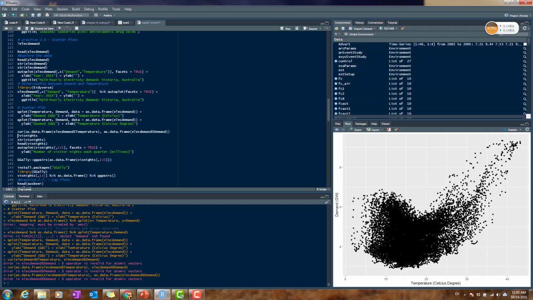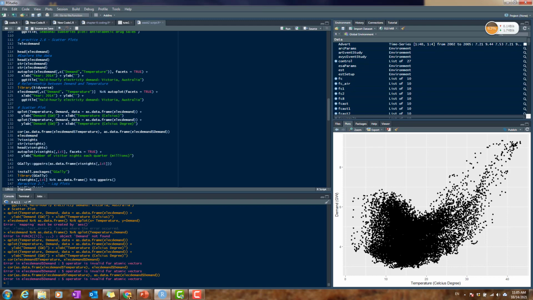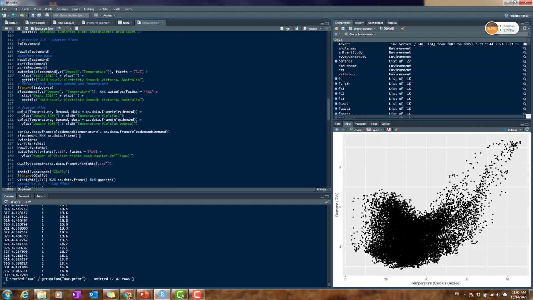No, it looks like we're not going this way, and I will have to first take electricity demand and put them into a data frame. Okay, and now I'm going to check it with the cor function. Now let's see it, and I put them into the data frame already.